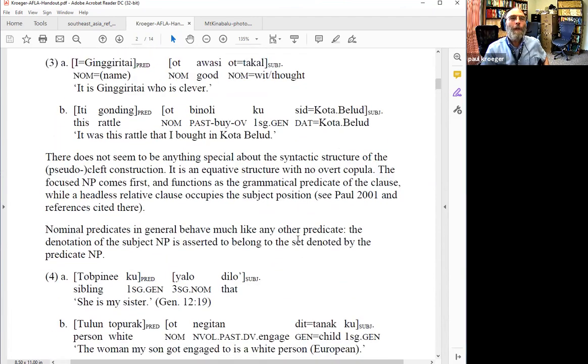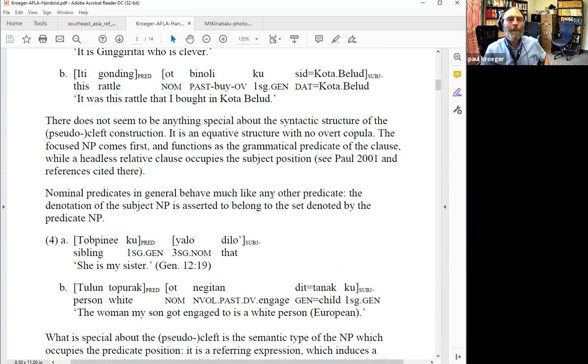But in a lot of ways, these examples in 3 are just repeated from 1 and 2, the clefts that we saw before. In a lot of ways, it's the same structure as a normal nominal predicate type of sentence, like she's my sister or my son's fiance is a European, where the predicate phrase comes in the normal predicate-initial position. But the difference is that in these simple nominal predicate sentences, there's no determiner.